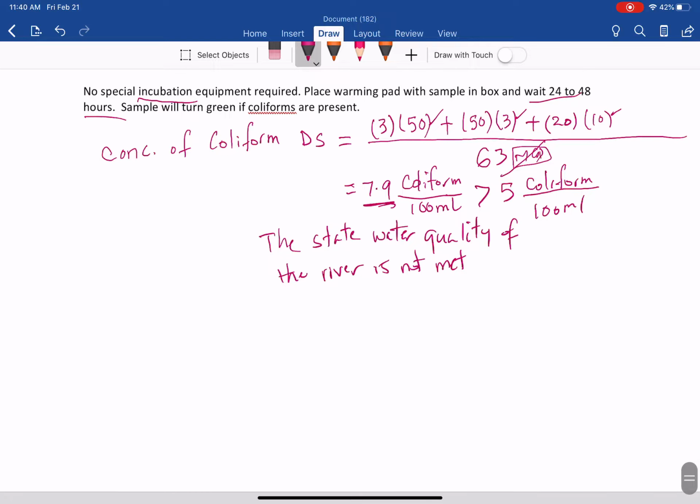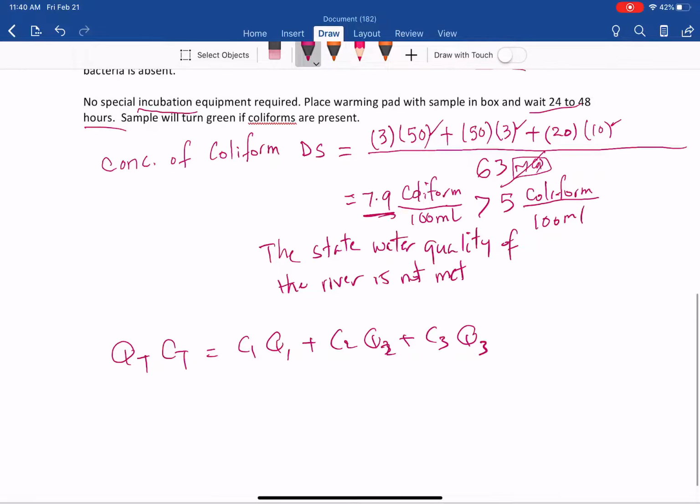Okay, so we'll do it like this. Q total, C total equals C1 Q1 plus C2 Q2 plus C3 Q3. Now we want the C total to be equal to the standard, which has to be 5 coliform per 100 ml.